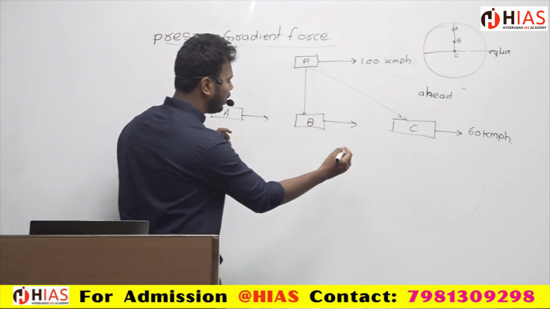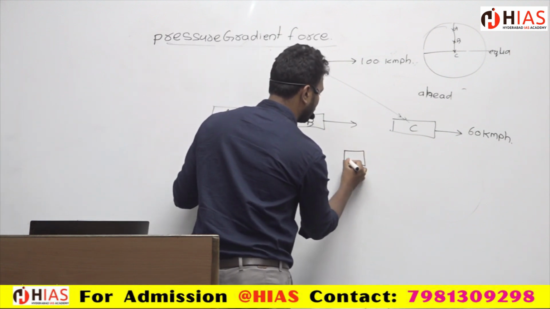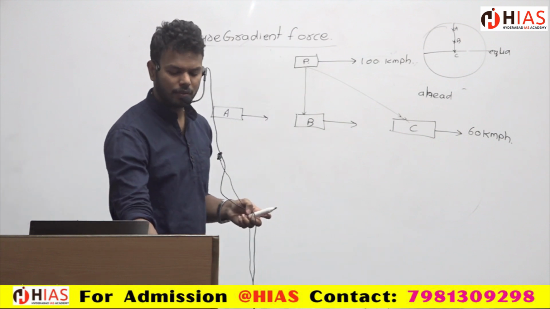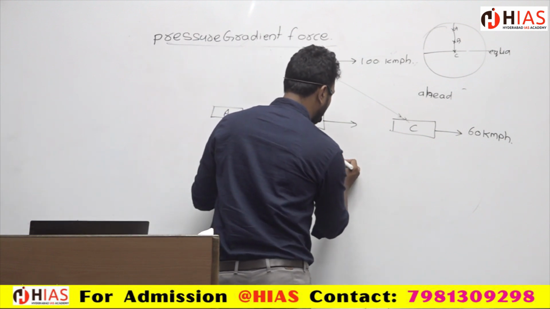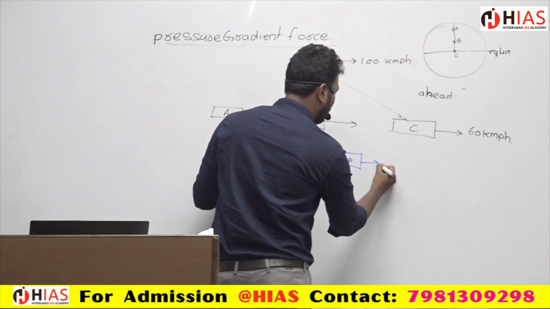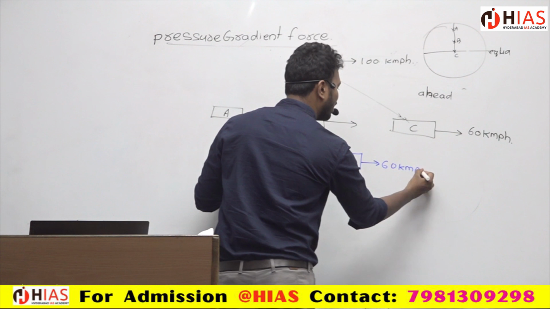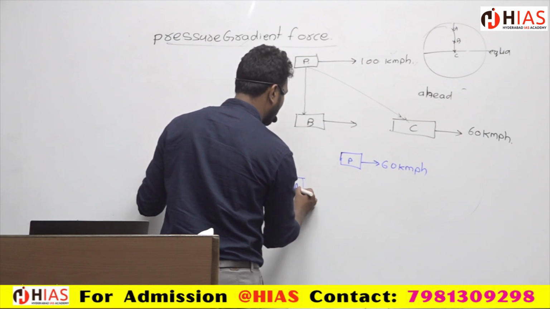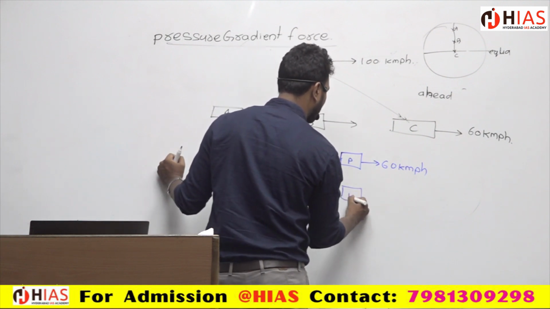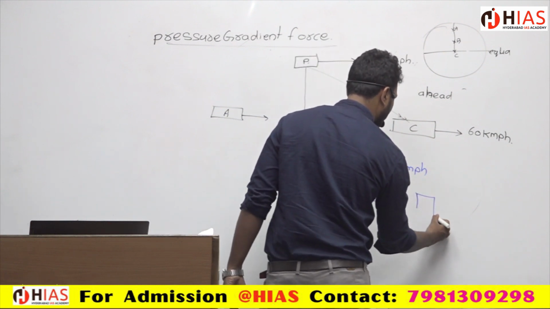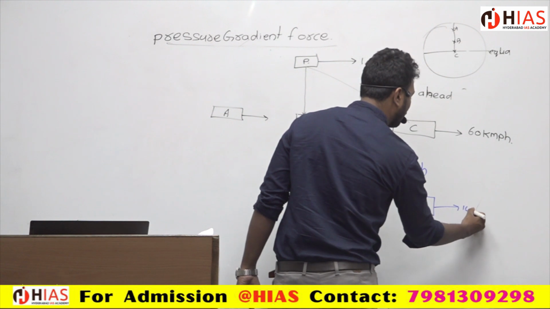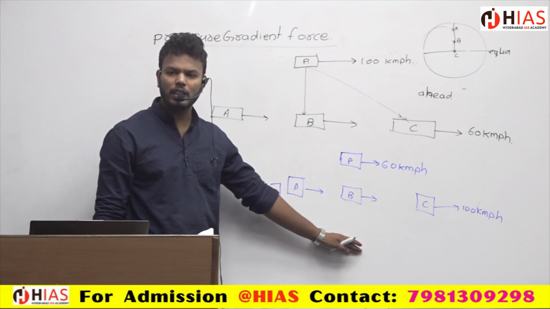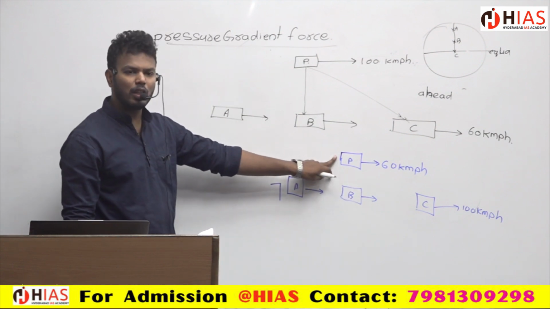Similarly, just imagine another case. This is P, moving with a speed of 60 kilometers per hour, and there are A, B, C. Now all of these, A, B, C, are moving with a speed of 100 kilometers per hour, and P is moving with 60 kilometers per hour.